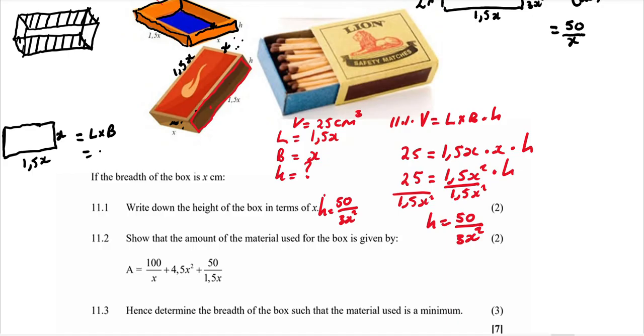So we're gonna say 1,5x multiplied by x. Here we get 1,5x squared. Now we are done.